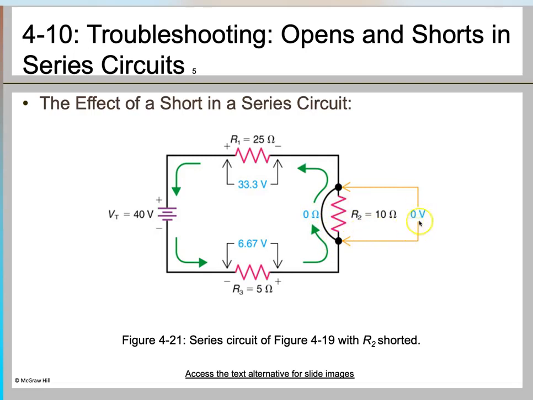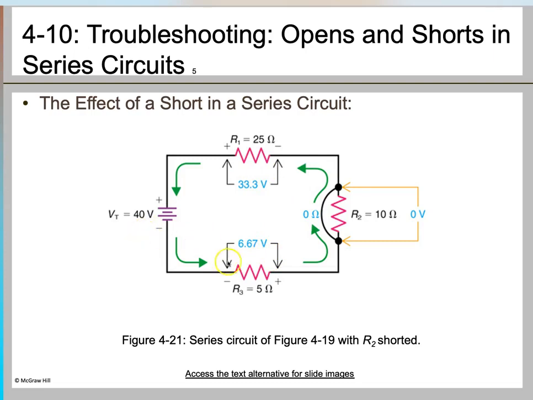Now when this is 0 volts, then by KVL, Kirchhoff's voltage law, the algebraic sum of all the voltages in a circuit must be equal to 0. So this is the 40 volts, then these two resistances, and since this is 0 volts, these two resistances should have a voltage across them equivalent to 40 volts.